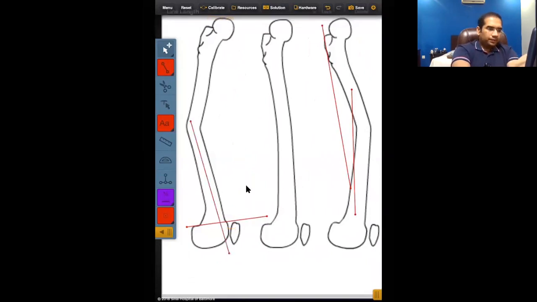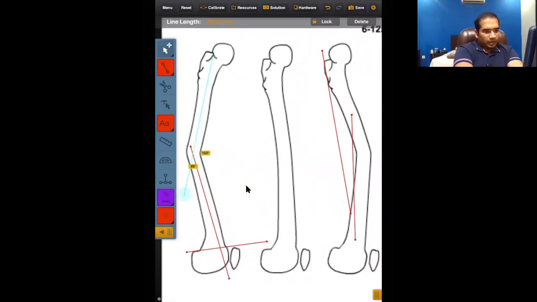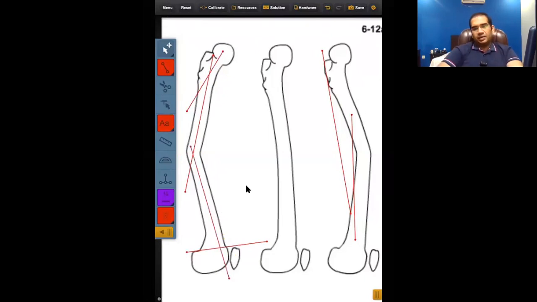Then we're going to draw our proximal line, and where this line meets the lower mid diaphyseal line is the CORA. The magnitude of deformity is 28 degrees.